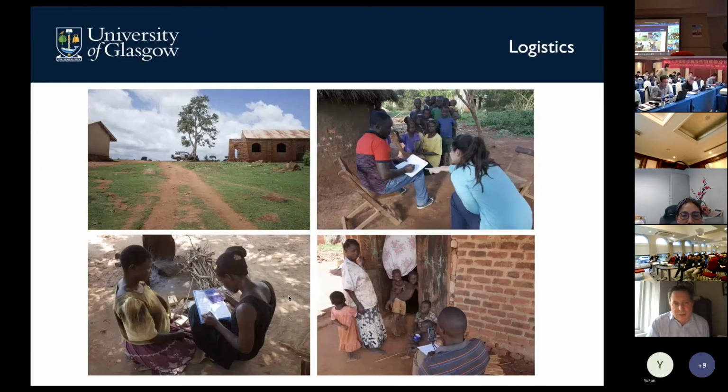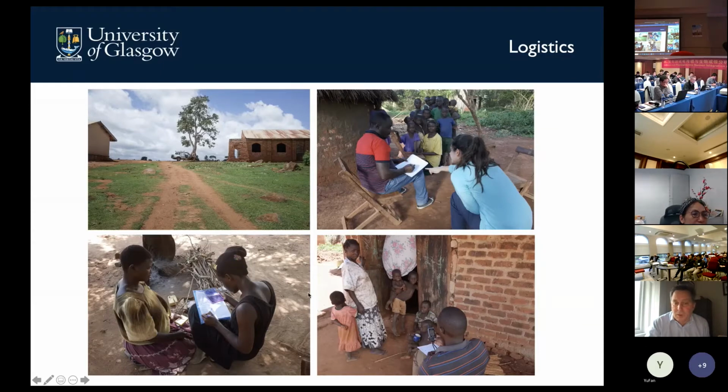So the logistics of carrying out this work is quite tricky. You need to have access to four-wheel drive vehicles to go into these remote communities. We generally take teams of students and postdocs, usually a group of about 6 or 8 of us who work together at a time.